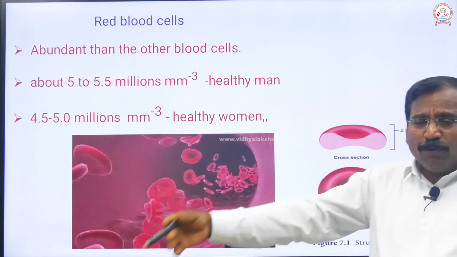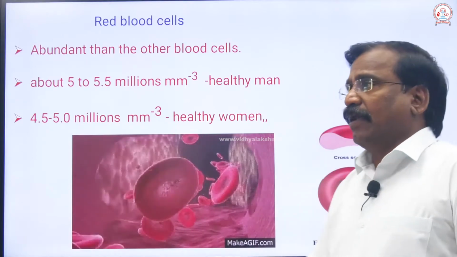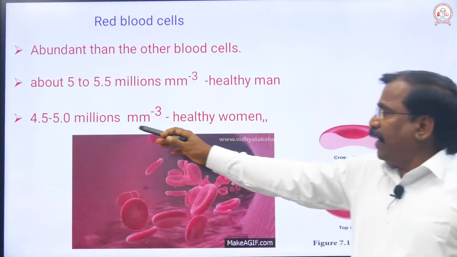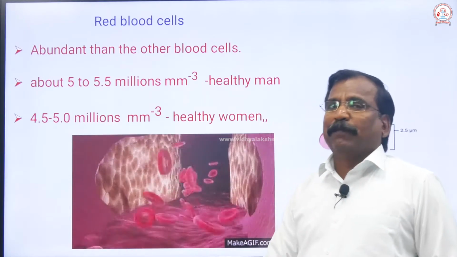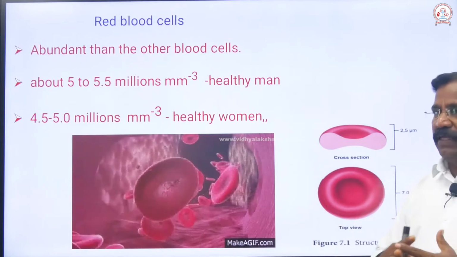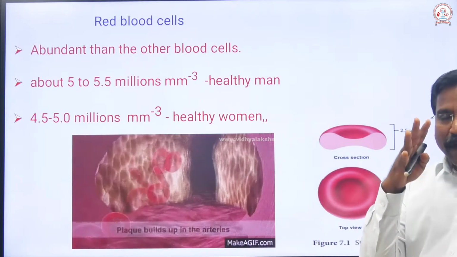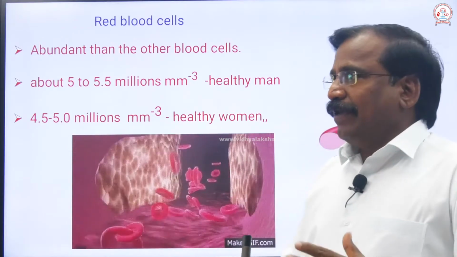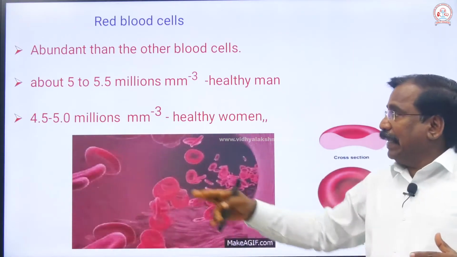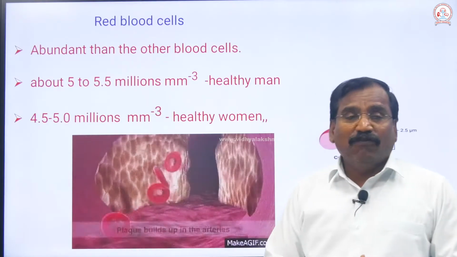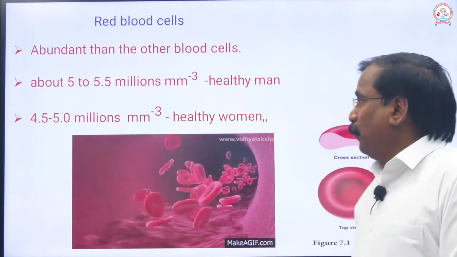That is why it is the most abundant when compared to other formed elements. In women, it is 4.5 to 5 million per cubic millimeter. This is very important: RBC is the most abundant, a male contains 5 to 5.5 million per cubic millimeter and a female contains 4.5 to 5 million.